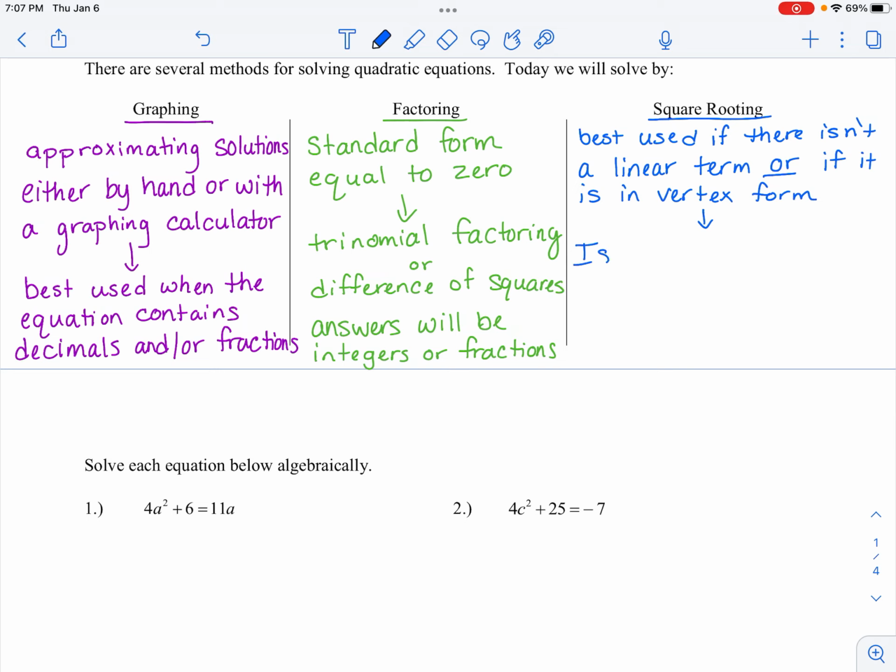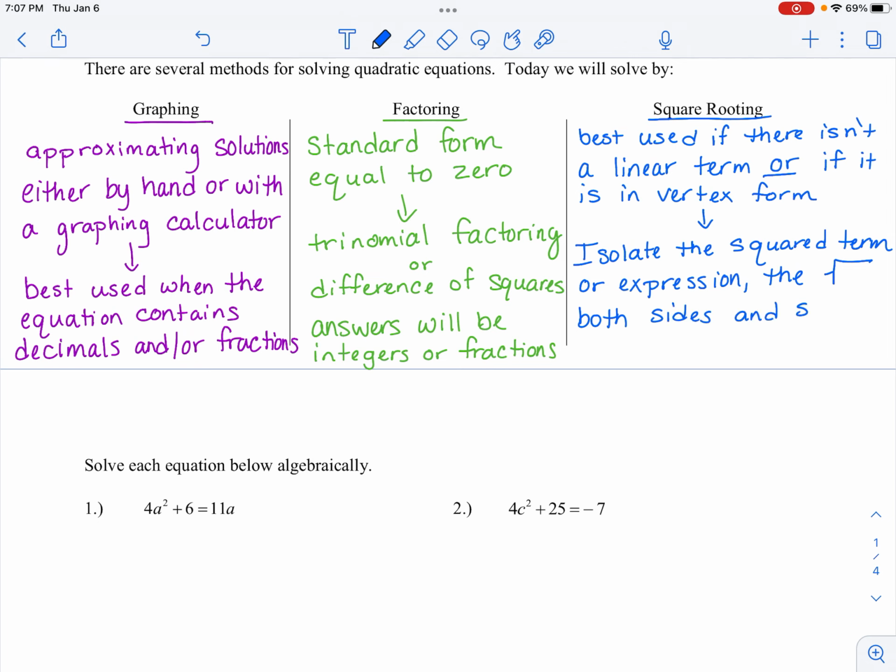So we are going to isolate the squared term or expression, then we are going to square root both sides and solve the equation that results from that.